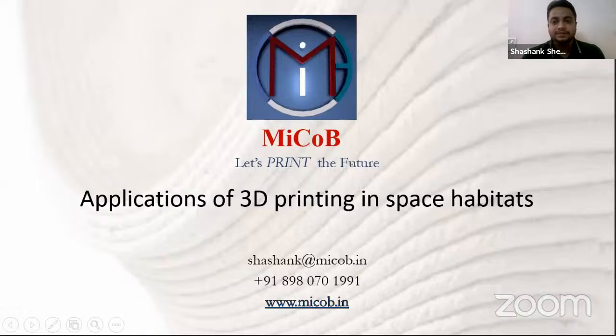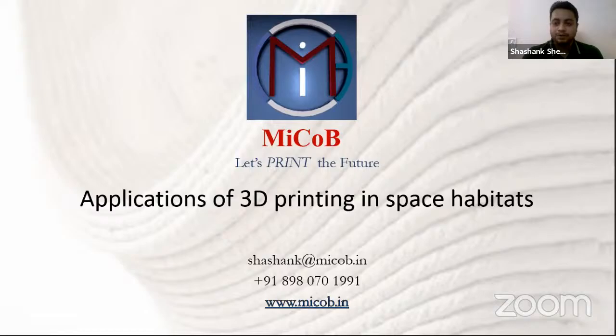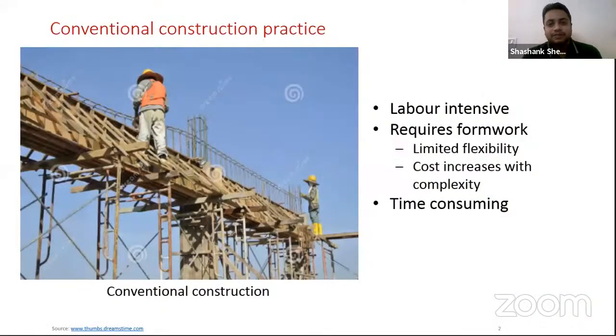3D printing has also touched the construction sector a lot in the past decade. Let's first discuss construction on Earth, then we'll go beyond into space. Conventional construction practice is very time consuming, labor intensive, and difficult to do in tough terrains.